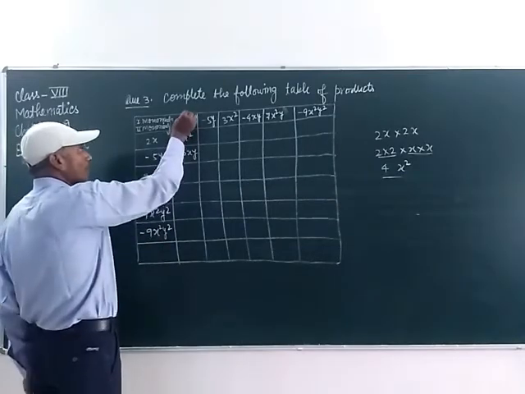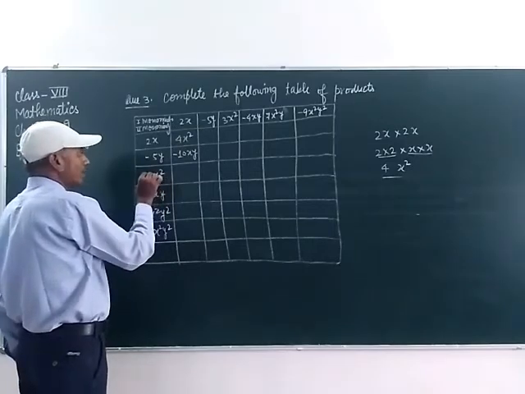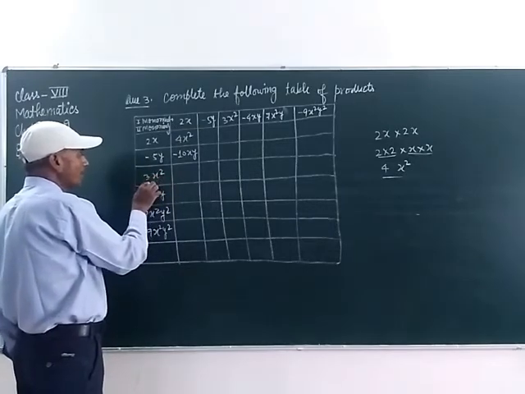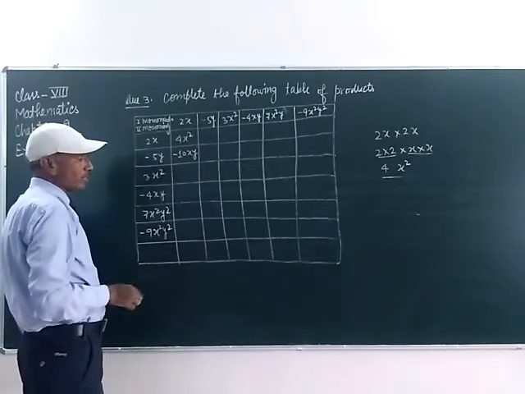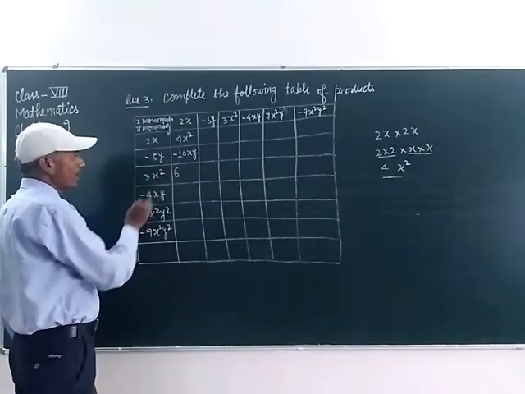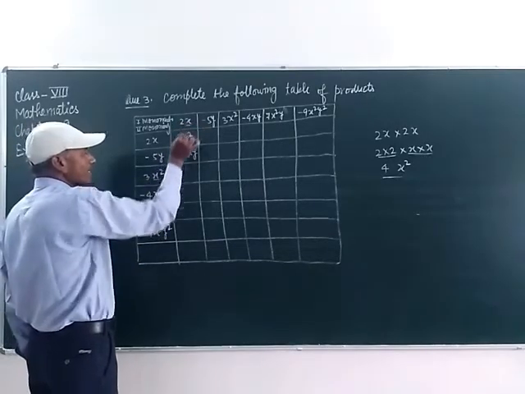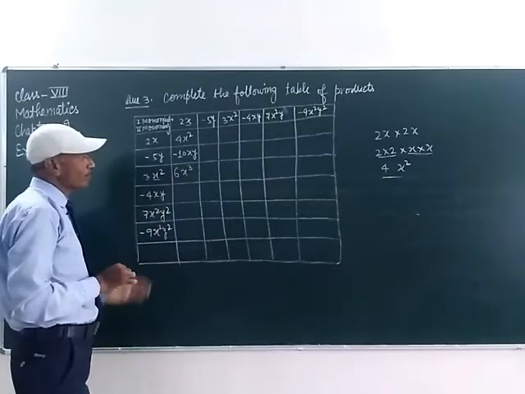Now we have to multiply this first monomial with the third, 3x square and 2x. So student, 2 times 3 is 6, and x square and x will be x cube. Clear, students?